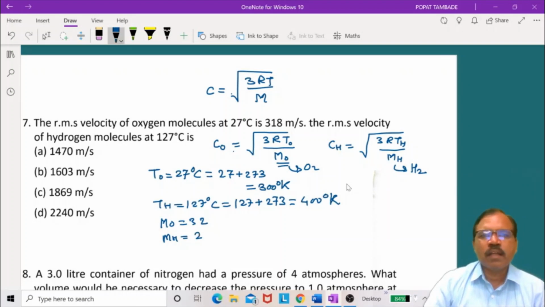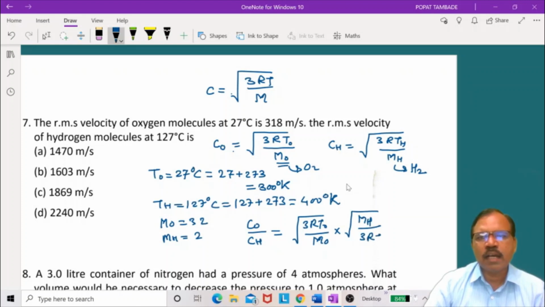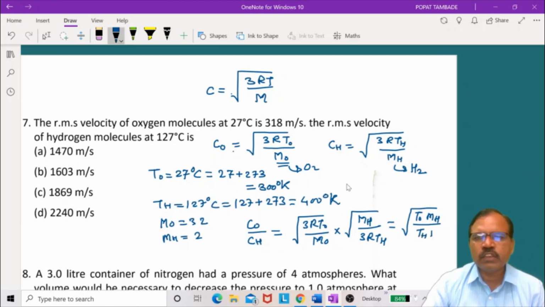So now if we take C0 upon CH, it is root of 3RT0 upon M0 multiplied by root of MH upon 3RTH. So we will get root of T0 MH upon TH M0.